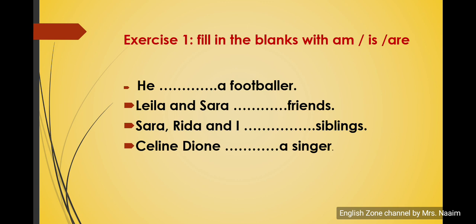Now we move to the last example, or the last sentence. Céline Dion, a singer. Céline Dion, a singer. So what is the appropriate answer here? Good job. So Céline Dion is a singer.